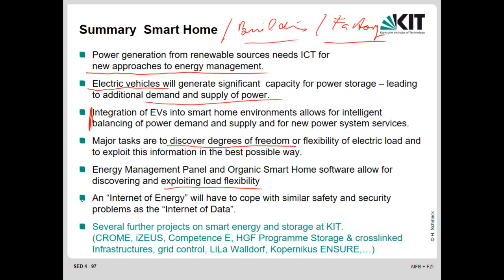Now, if we talk about Internet of Data, or Internet of Energy, I emphasized from the beginning that all the problems we have in the Internet of Data will be transferred into the Internet of Energy, and so we have to be aware of safety and security problems. That will be the topic of the next chapter.